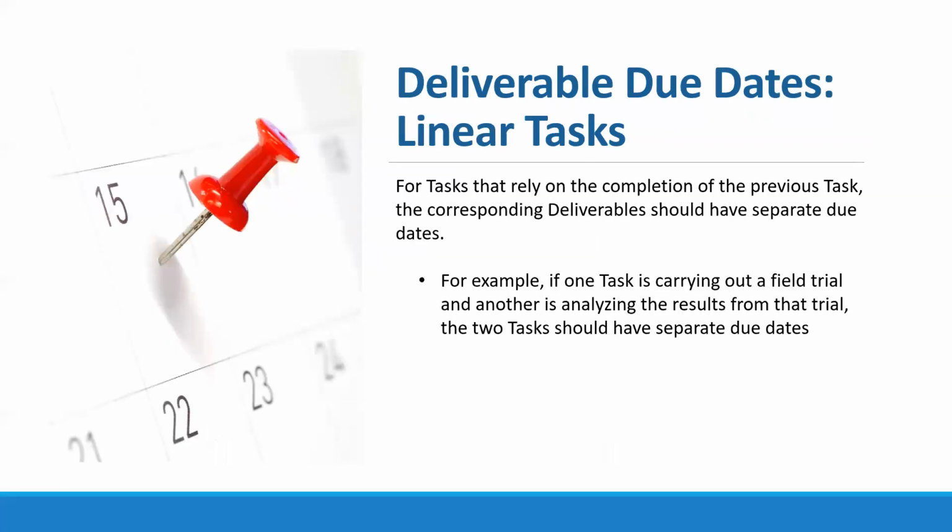All right, I want to touch really quickly on linear tasks. Linear tasks are tasks that rely on the completion of a previous task. An example of this would be if one of your tasks is to carry out a field trial, and then you have a subsequent task that's associated with analyzing the results of those trials. It's really essential that those 2 tasks have separate due dates.